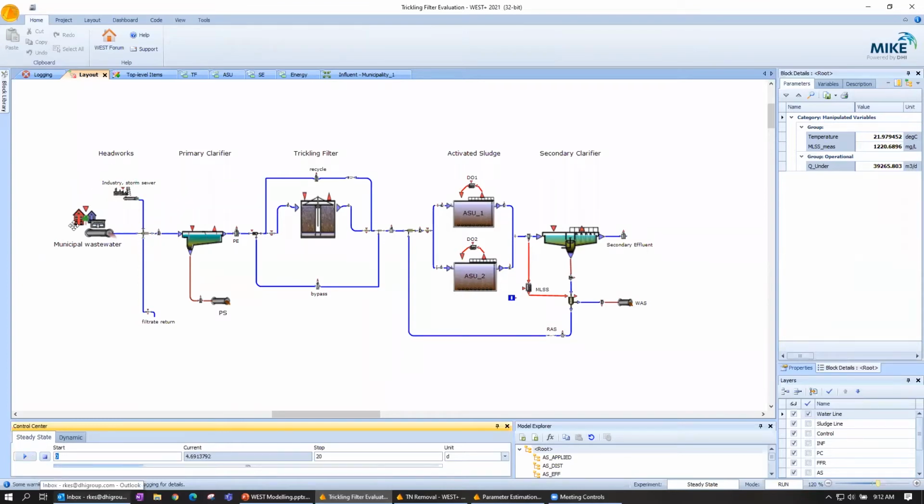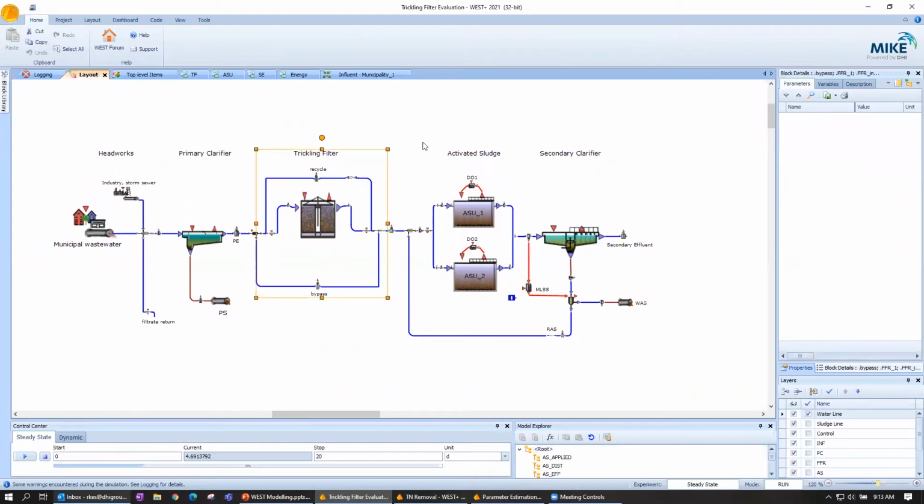There's a simplified headworks where we're combining 3 different flows: primary clarifier, trickling filter here in the middle, kind of an older technology that we'll evaluate a little bit. Activated sludge system, only one of these 2 is operational. The other one is a full-size spare. So ASU1 right now is set to be online, ASU2 is offline, and then secondary clarifier to return solids back to that activated sludge process.